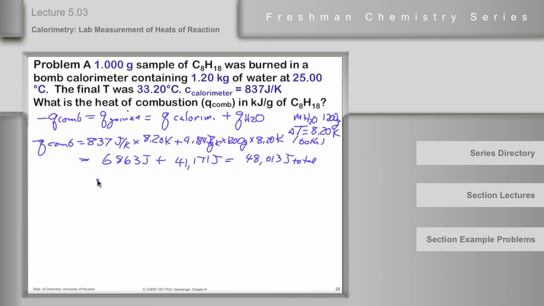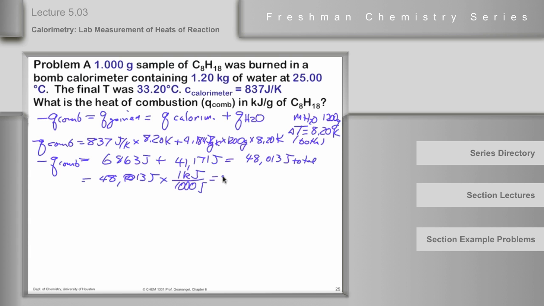So 48,013 joules times 1 kilojoule per 1,000 joules is 48.013 kilojoules.